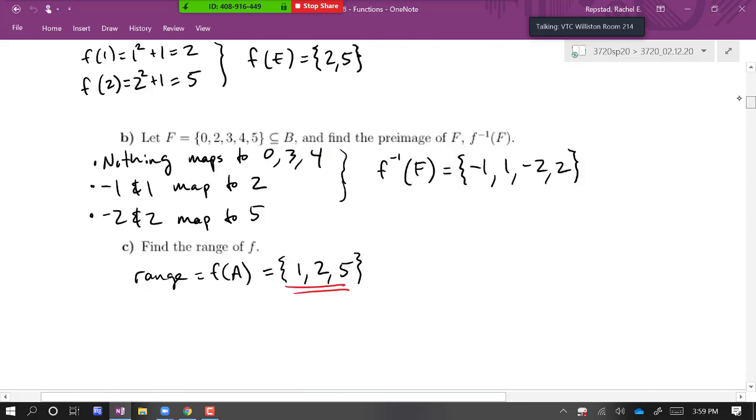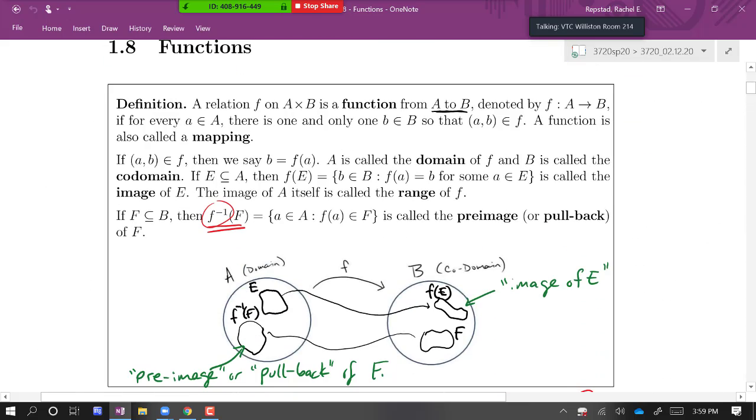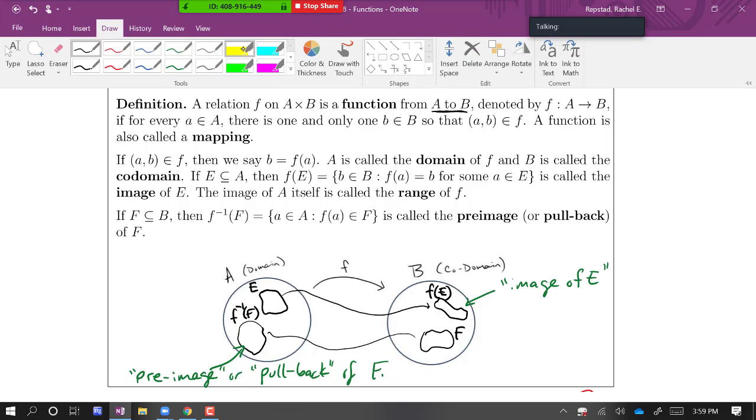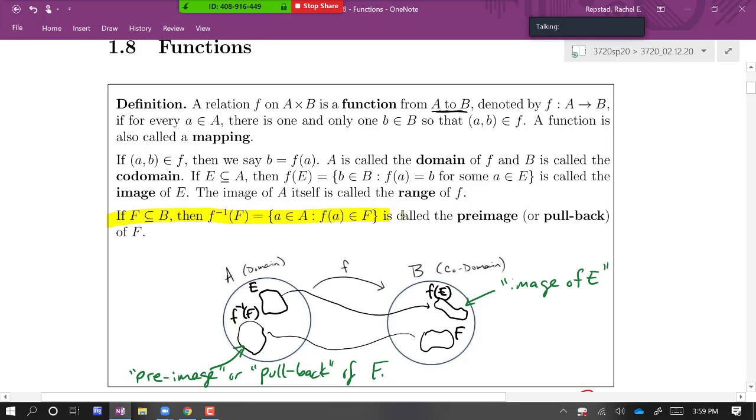It was one of the things we defined near the beginning, right here. So the preimage of a set F was all the domain elements in A that mapped into the set F in B.